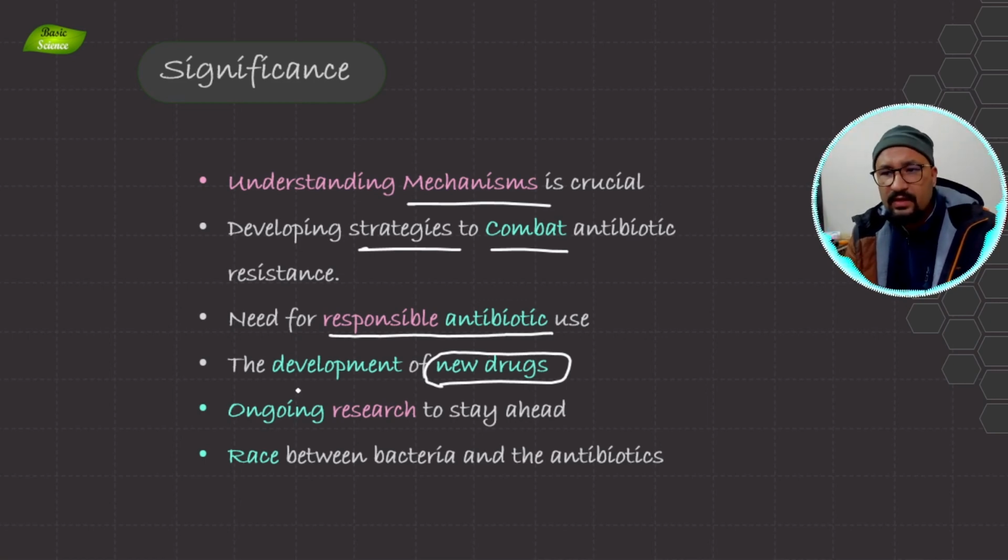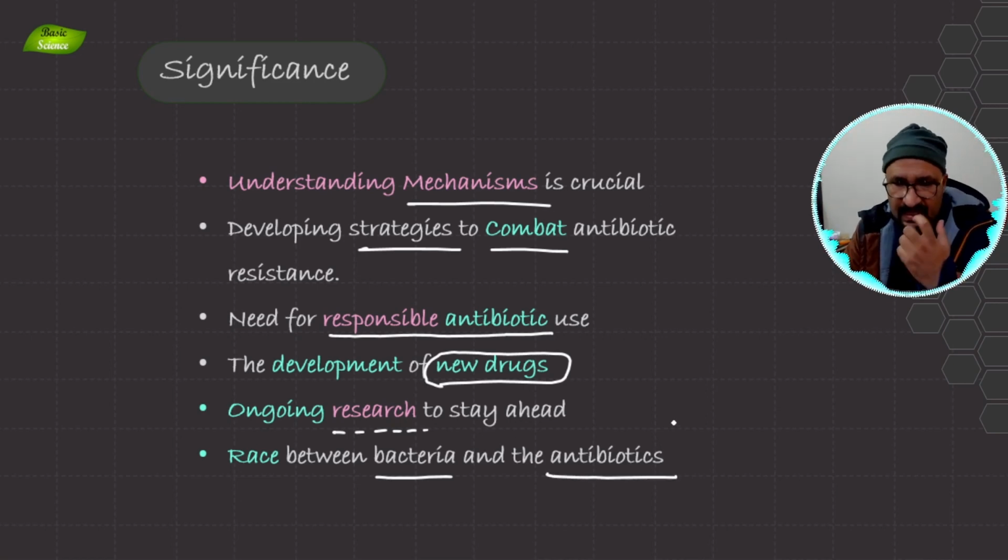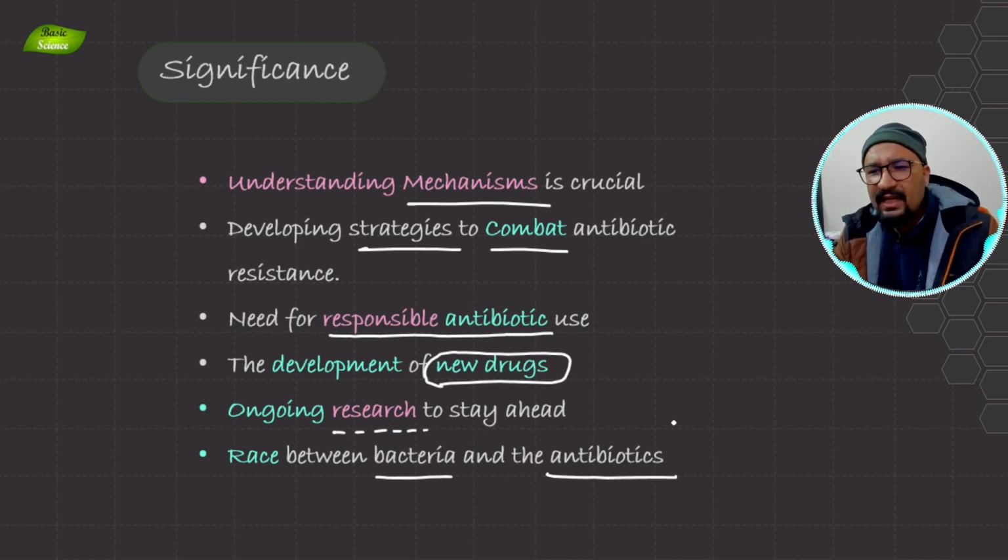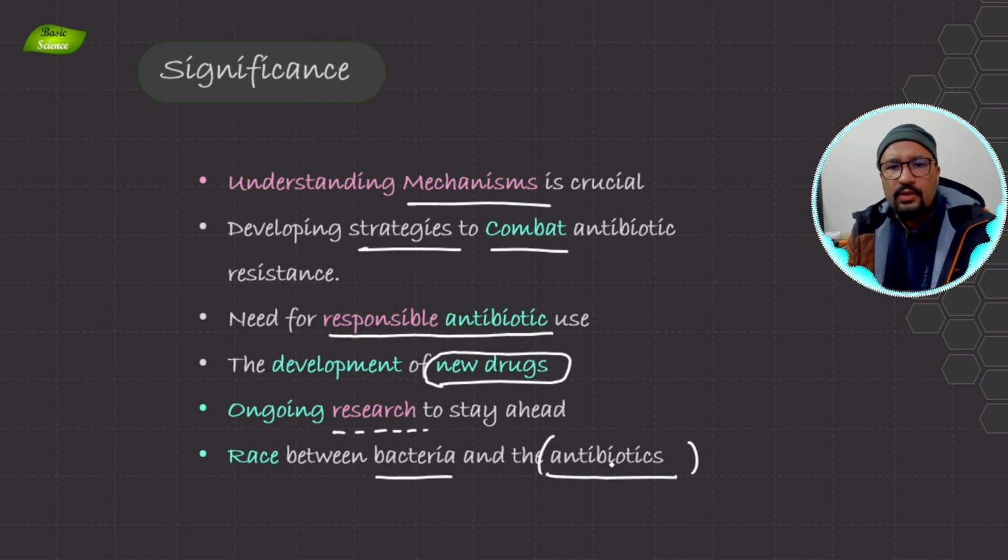Ongoing research is very important to stay ahead in the war going on between bacteria and antibiotics. And obviously, let me tell you one thing: bacteria are on the winning side, and will stay on the winning side, because antibiotics are not a product of the evolutionary process, right? We are the ones, humans. So it's a kind of, let me also explain again.